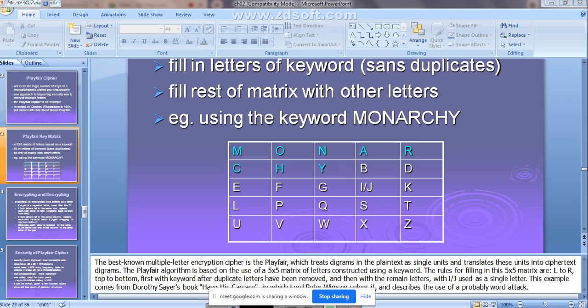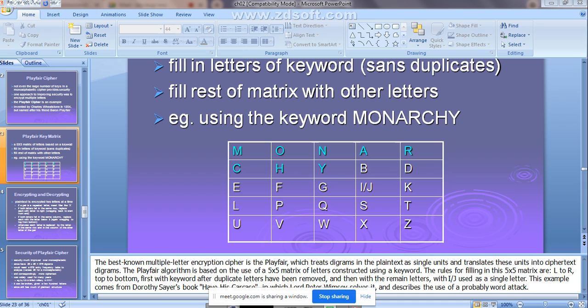Have you got it? If I tell it as FG, the pair contains the characters FG, how will it be replaced? Both are present in the same row or the same column? FG, both are present in the same row.